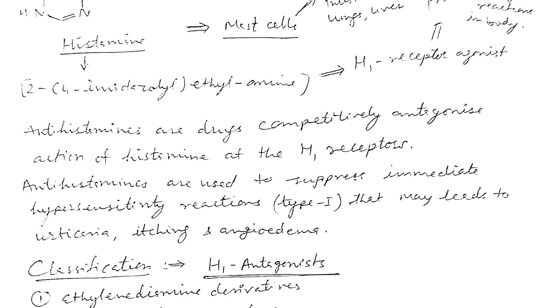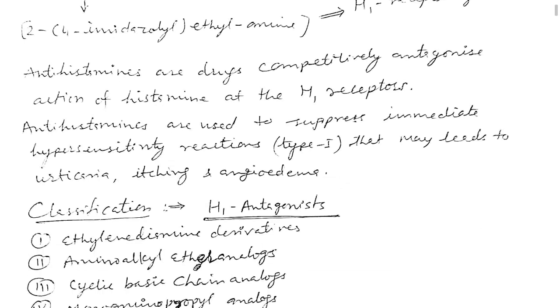Hypersecretion of histamine in our body, especially in the stomach, increases the concentration of histamine, which binds with the H2 receptor and produces acidity in our stomach. So acidity is sometimes due to histamine concentrations in the stomach.